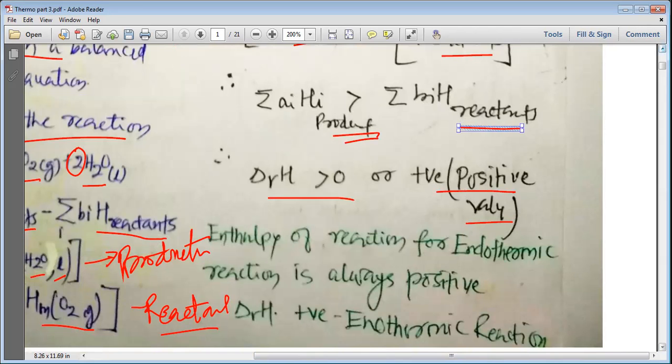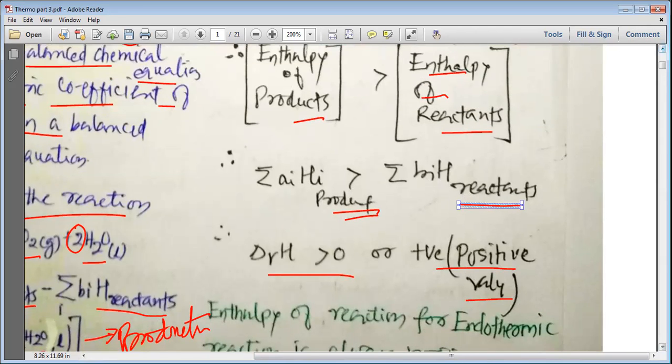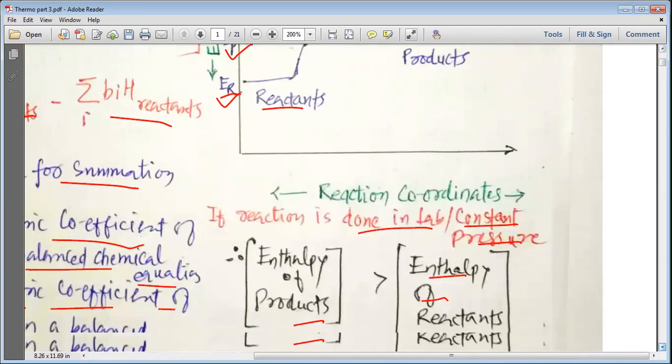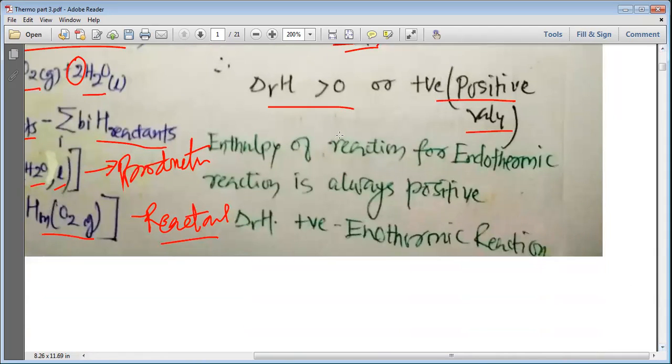You can see from the graph itself that the energy of the products is more than the energy of the reactants, and that is why the enthalpy of products minus the enthalpy of reactants gives us a positive value. So in endothermic reactions, ΔH is going to be positive. It is written here that the enthalpy of reaction for an endothermic reaction is always positive, and ΔrH is positive for endothermic reactions.